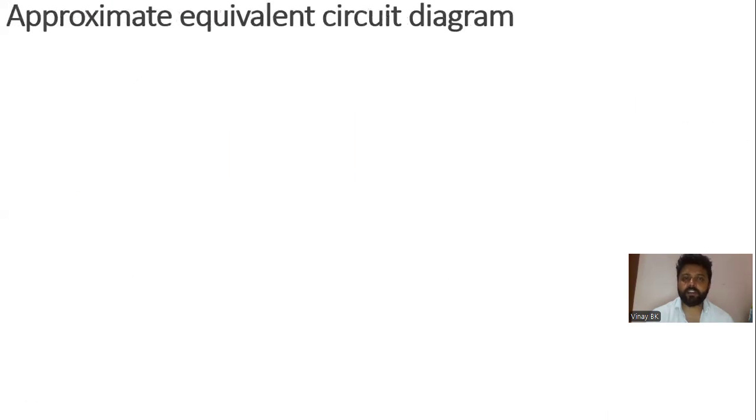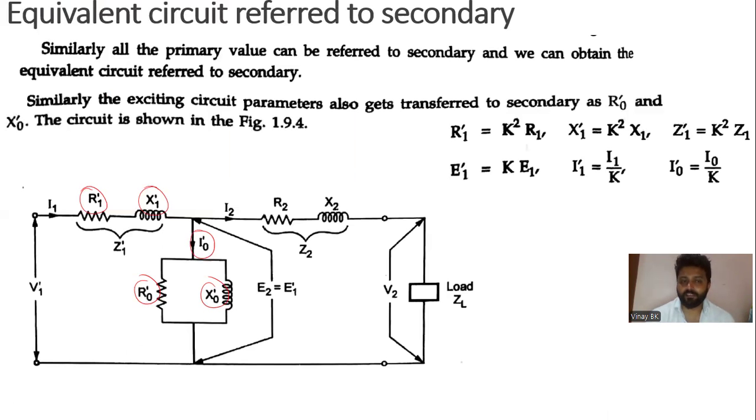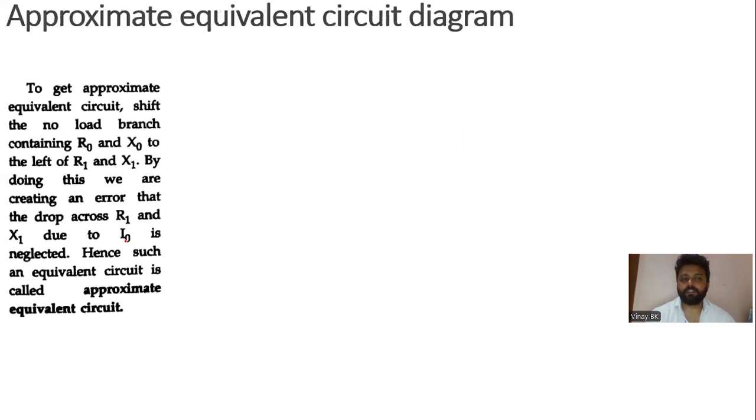So now you need to get the approximate equivalent circuit diagram. To get the approximate equivalent circuit, shift the no load branch containing R0 and X0 to the left of R1 and X1.